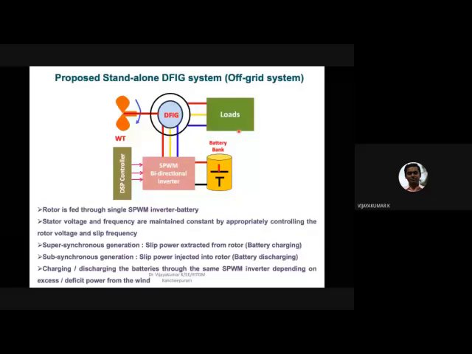In a standalone system, as I told you, if you are connecting the loads to the stator terminals, we have to consider the voltage and frequency at the load side. So we have to use voltage regulation and frequency regulation in this system, right? Here again, we have not included any battery management system, because monitoring the battery states is very difficult.